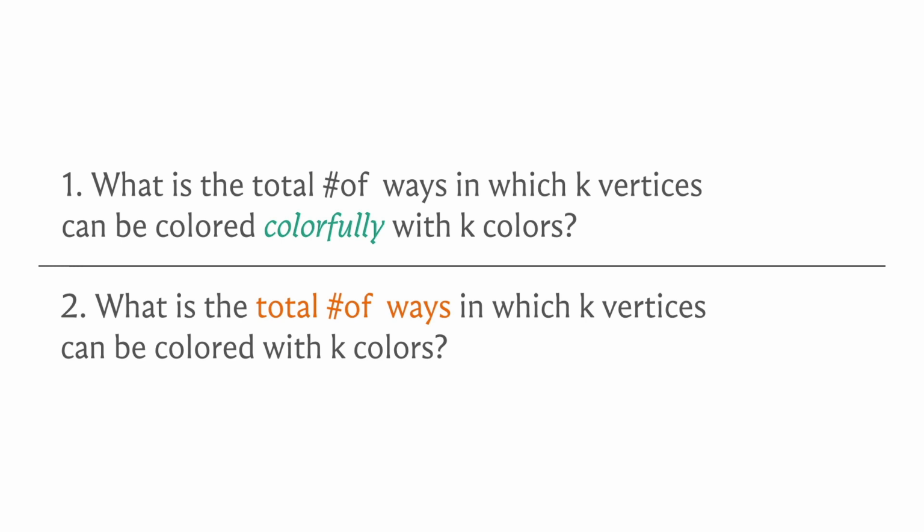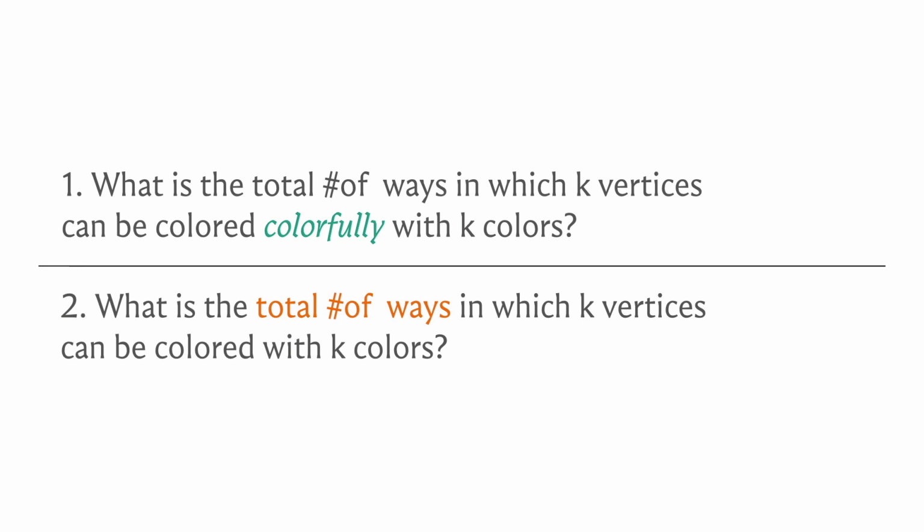Alright, first let's consider the number of ways in which these k vertices can be colorfully colored. Since we have k vertices and k colors, and what we really care about is that every vertex should get a distinct color, what we are really looking at is a permutation of these k colors.